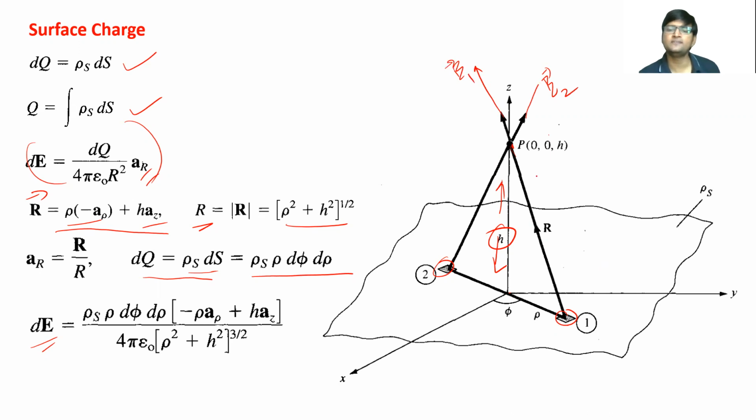Since both these small surfaces ds1 and ds2 are equal and symmetrically opposite from this particular point, which is 0, 0, h, you will see that the horizontal components of E1 and E2 cancel each other, and only the component normal to the surface remains, right?